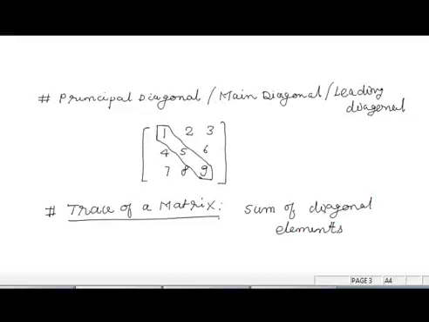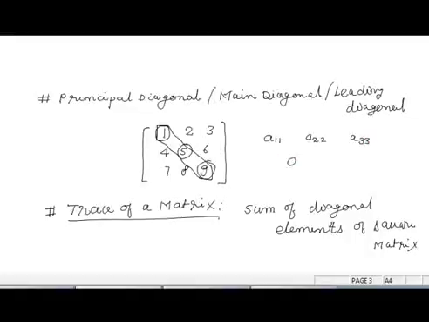The principal diagonal is referred to as the diagonal only here. As you can see, this element is A11, the second element here is A22, and here it is A33.